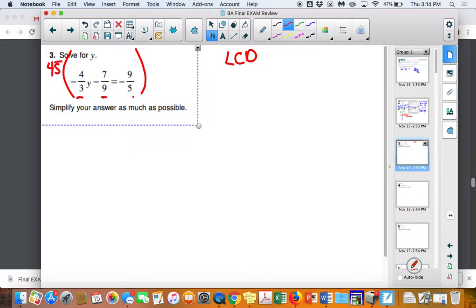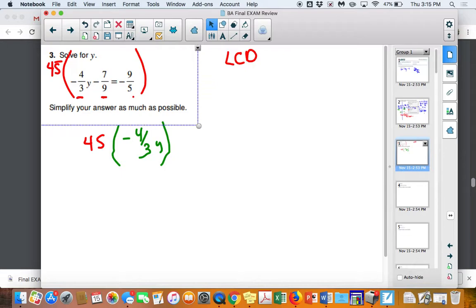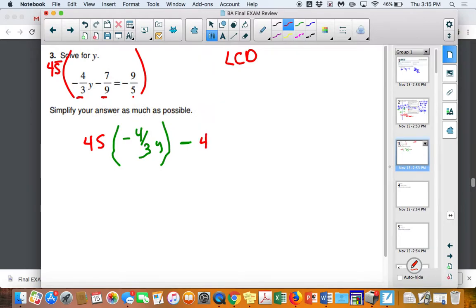So the way we did this in class is we actually distributed it. We said 45 times negative 4/3 y, minus 45 times 7/9.